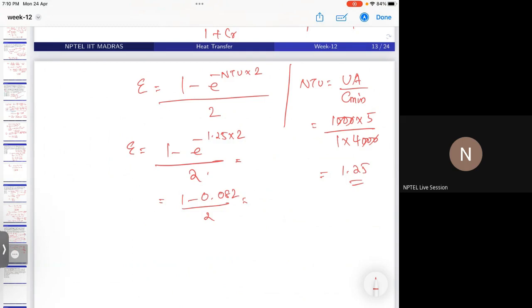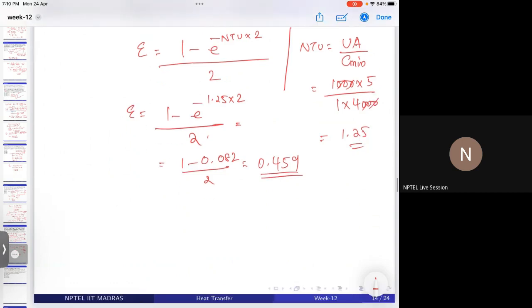The effectiveness is around 0.459. You can just recheck the calculations. I am getting this answer.